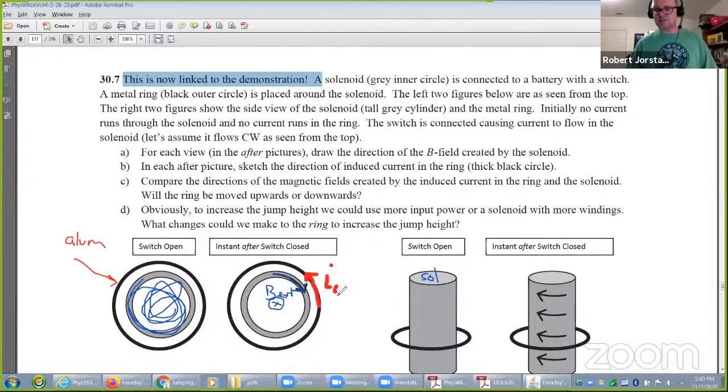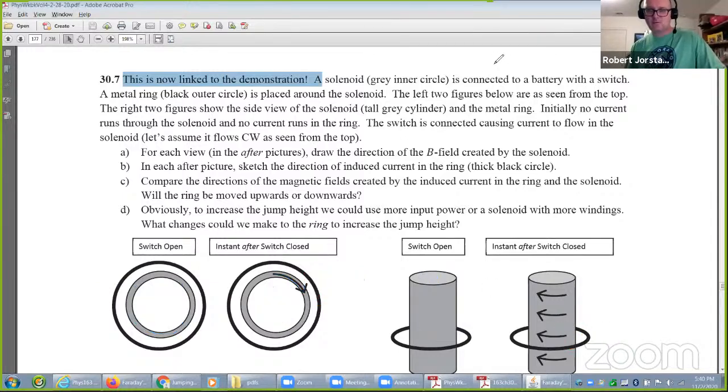It's not always opposing the change in the field, but it's opposing the change in the flux. In this case, they happen to match up. So there we go. And the idea here is we see that the current is going to run the other way in this one. And so as a result, why does this thing levitate?